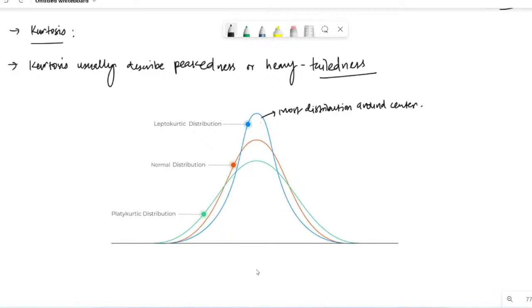And the third one is where the peak is lower than the leptokurtic, platykurtic. That's your third point. You can also call it a distribution that is shorter, and the tails are thinner in this case.